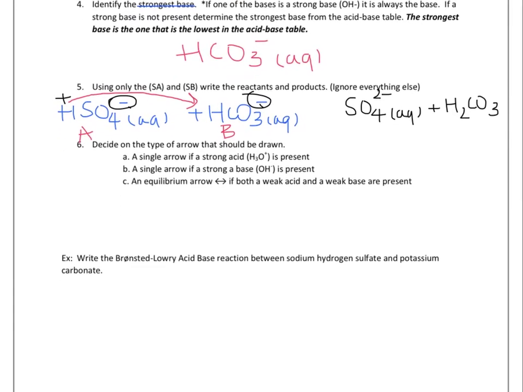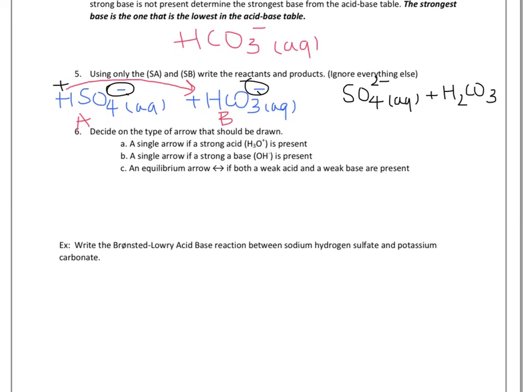Lastly, in order to ensure this question is correct, we now need to determine what type of arrow we are going to use. Recall from the beginning of the year, we've been introduced not only to a single-headed arrow, but we've also been introduced to an equilibrium arrow. Here is the criteria that you use. If there is a strong acid, so one of the 6 strong acids present, we use a single-headed arrow.